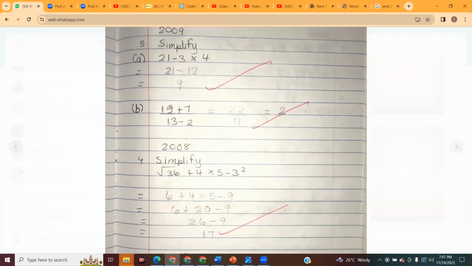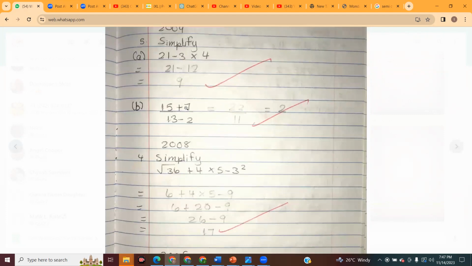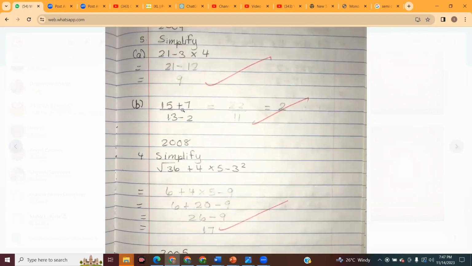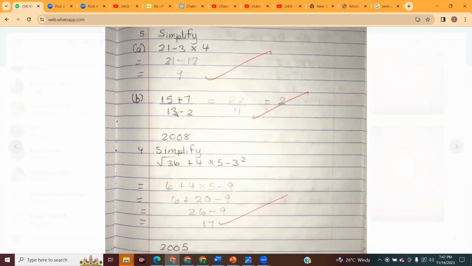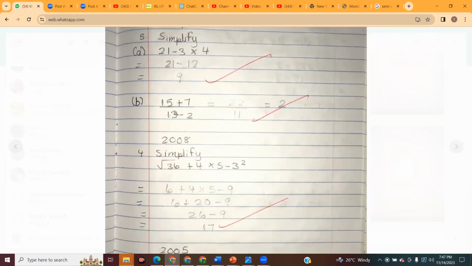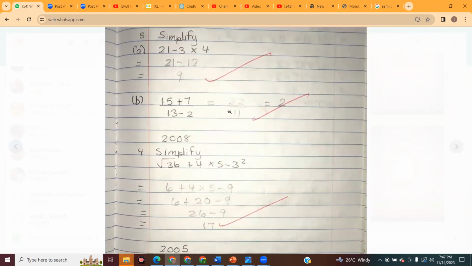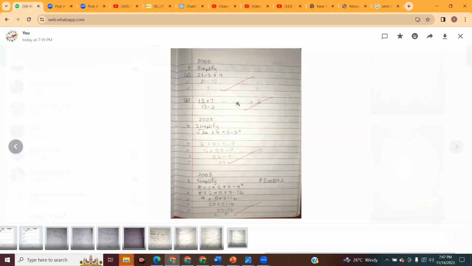So all you gotta do is add 15 plus 7. That gives you 22. Then subtract. So treat it like a fraction. Do the top first and then do the bottom. 13 minus 2 is 11. And then 22 divided by 11 is 2. So that's how we can do it. Okay.